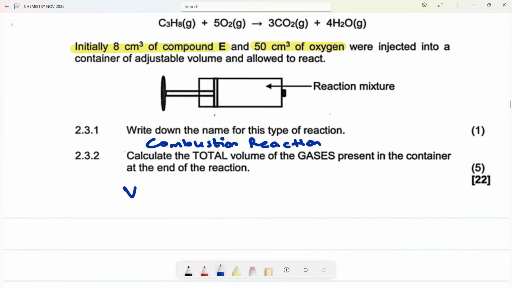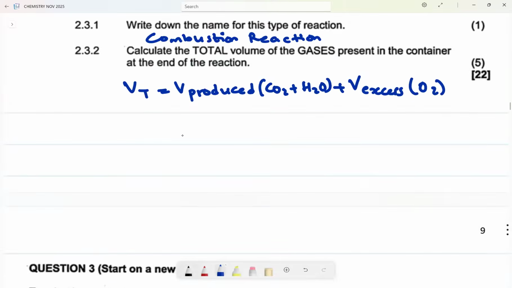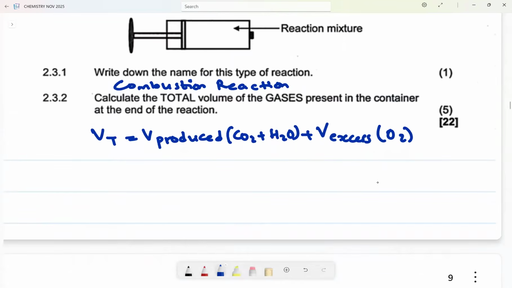So the volume present in the container is going to be the volume produced from CO2 as well as H2O, because as the reaction occurs we form CO2 and H2O, plus the volume of the one that is in excess, which is O2. So how can we go about those steps?